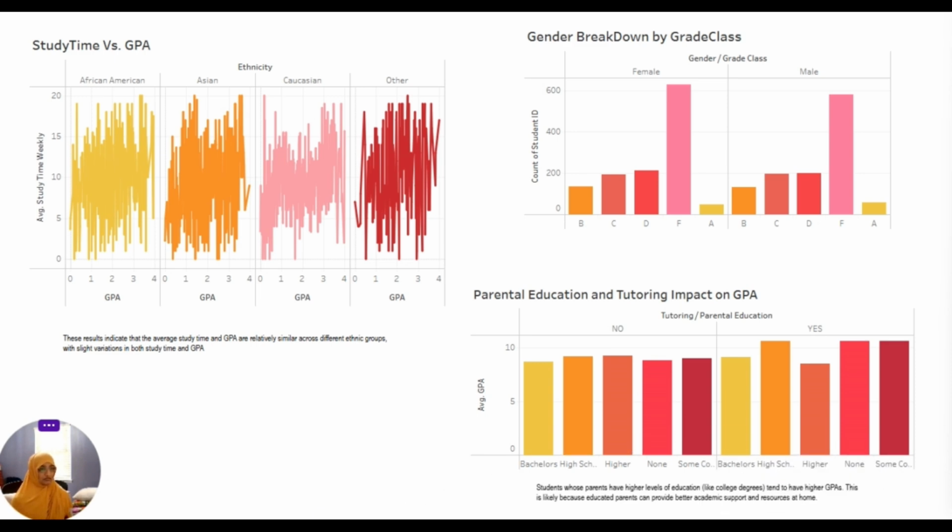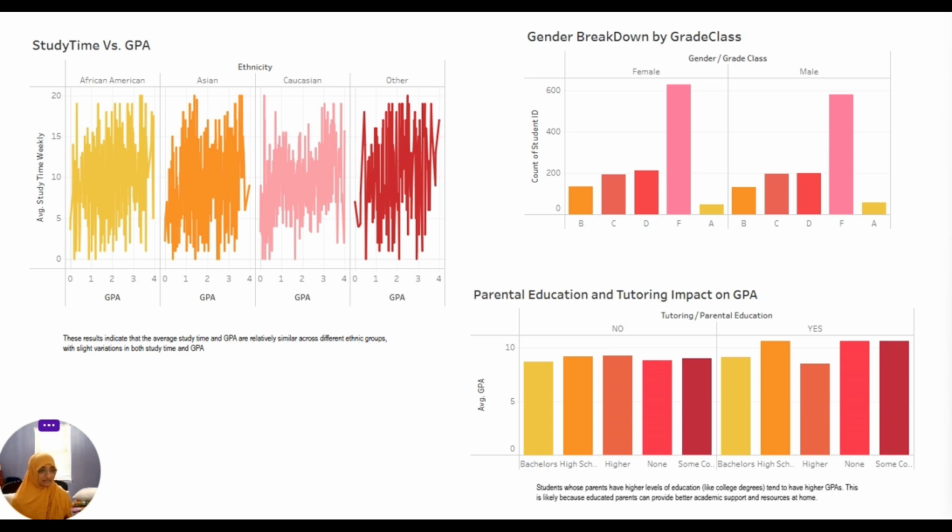It also indicates that tutoring significantly boosts students' GPA across all levels of parental education, regardless of whether a student's parents have a high school diploma or a graduate degree. Receiving tutoring help improves their GPA.